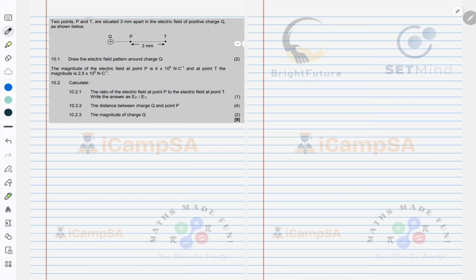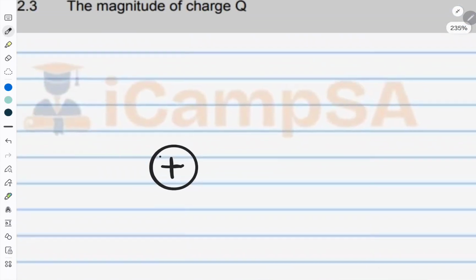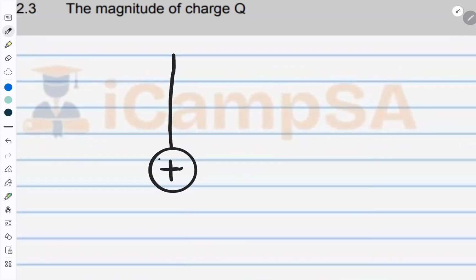All right, so now for question 10 of this past paper, we had this problem. Two points, P and T, so these are points, they're not charges, okay, are situated 3 millimeters apart in the electric field of positive charge Q. Now we're asked to draw the electric field pattern around charge Q. That one is as simple as you just put your positive charge and then you start drawing your lines.